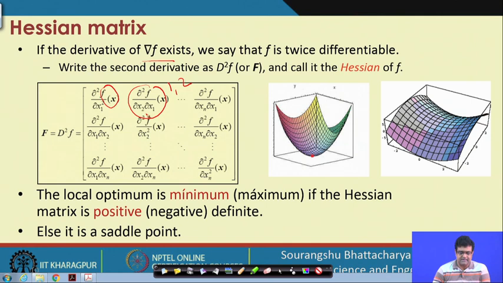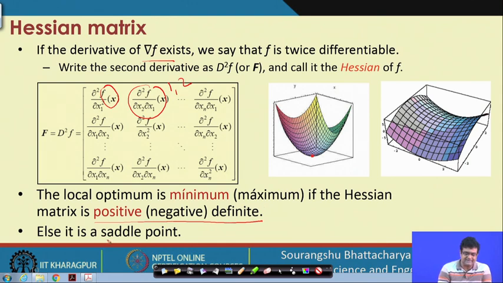Now, the important result here is that if the Hessian matrix is positive definite when evaluated at a certain point, and that point is a local optimum, then that point will be a local minimum, and if the Hessian matrix is negative definite, then it will be a local maximum.